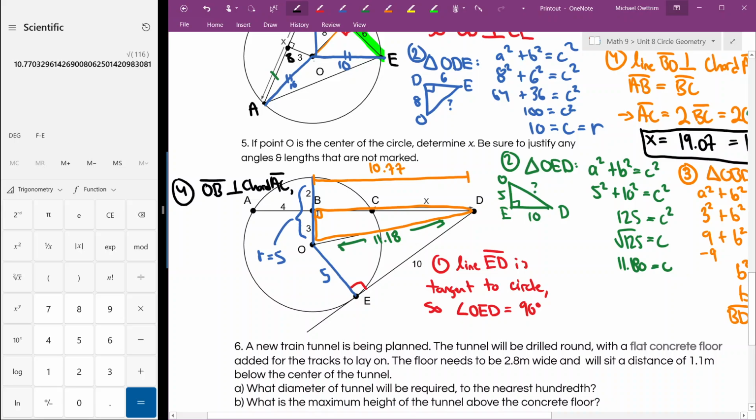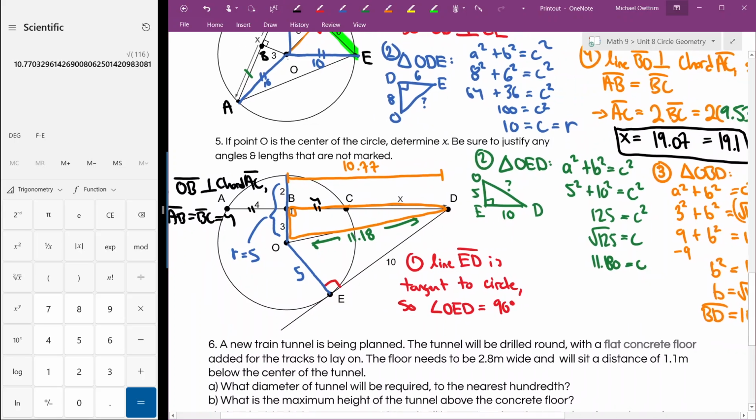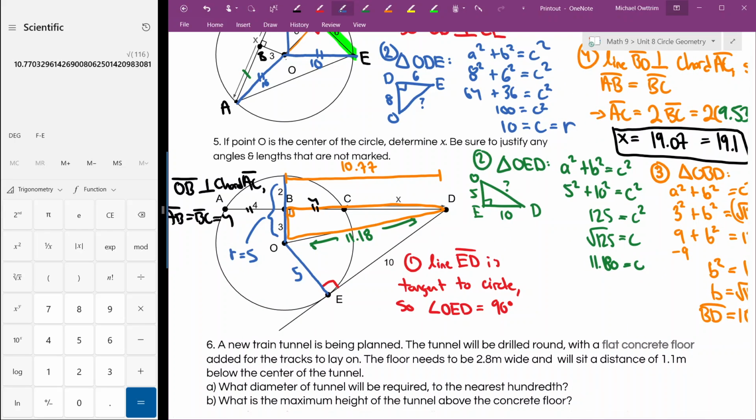And that tells me that that line bisects the chord. And we can say AB is equal to BC is equal to 4. Now, that didn't have to be step 4. We could have done that right at the start. But it is helpful right now to say that these 2 lines are the same length by our chord property.